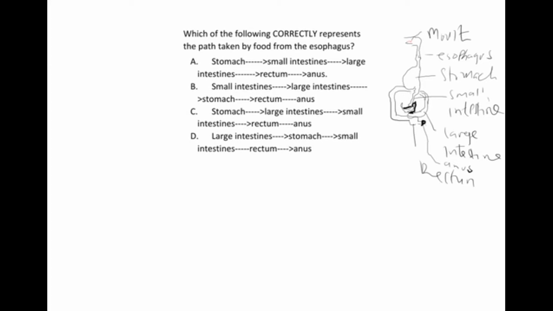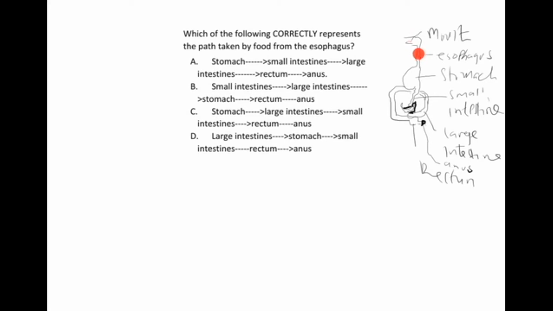So our question requires us to trace the path taken by food from the esophagus. This is the esophagus, which is the long tube that connects the mouth to the stomach. So the food starts in the mouth, then to the esophagus.